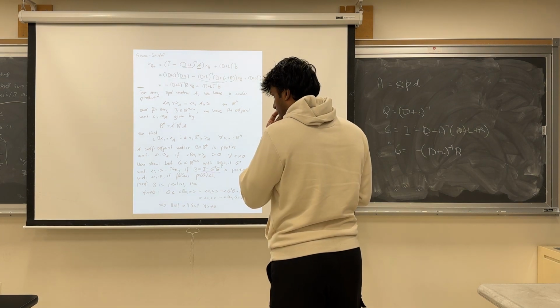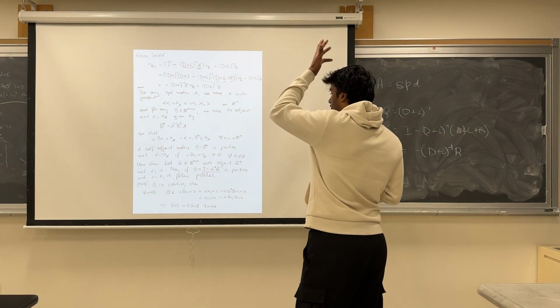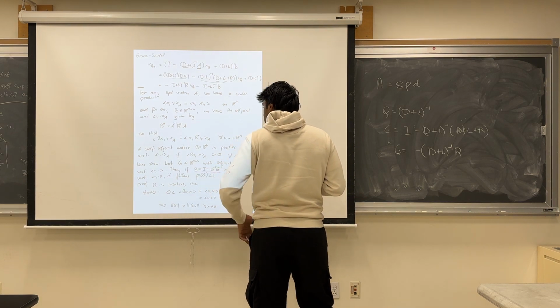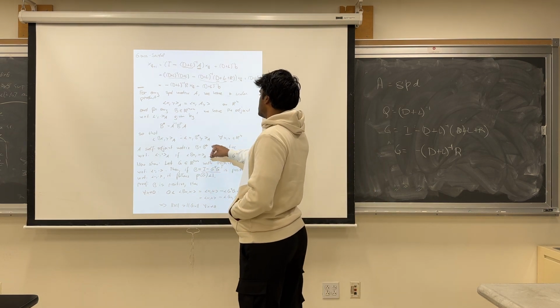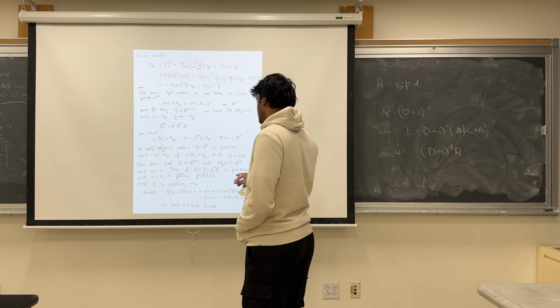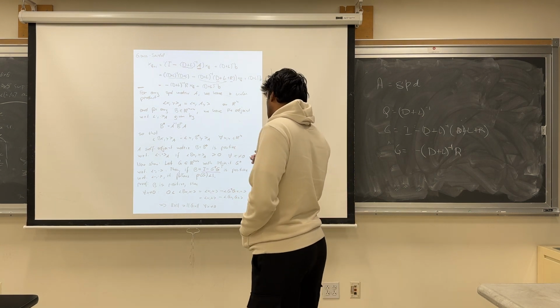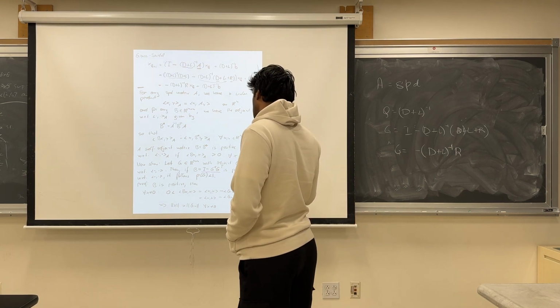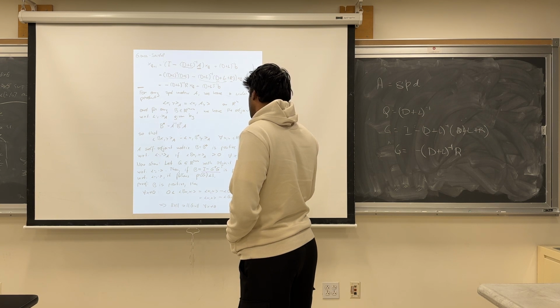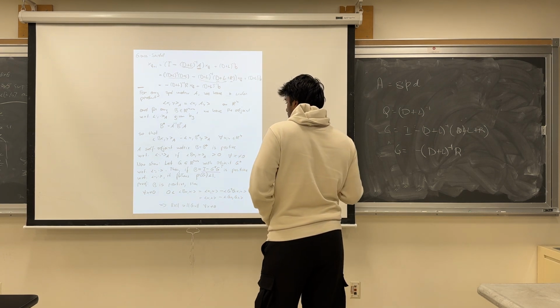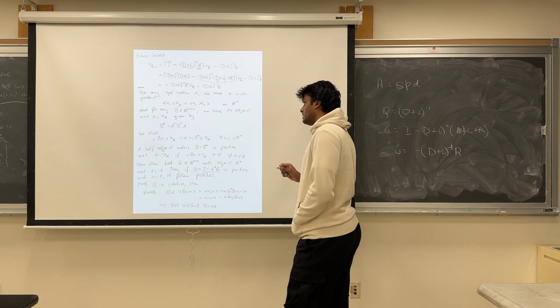Let me go from the bottom up. If B is identity, this is just the definition of positive, right? Self-adjoint is positive. Okay, so that's the meaning.